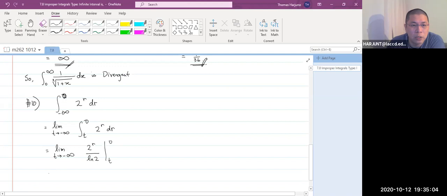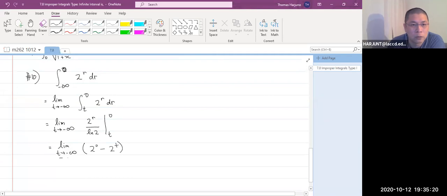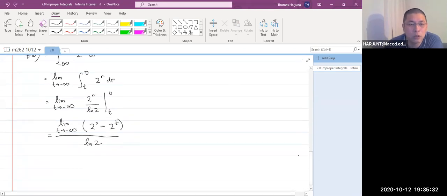So this will be the limit as t goes to negative infinity of 2 to the 0, which is 1, minus 2 to the t. Oh, I almost forgot the constant, over ln 2. Okay, but 2 to the negative infinity is 0.